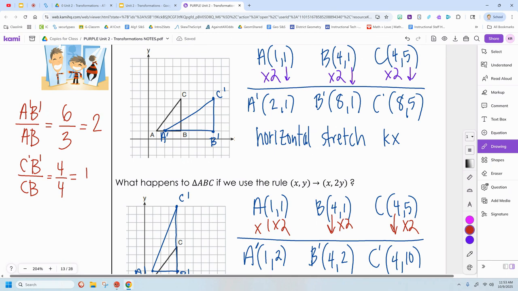So here we can talk about our corresponding sides are not proportional because 2 doesn't equal 1. It's different scale factors. And that's why it's not a dilation. So that's a good example for us to use as a contrast to what occurred.